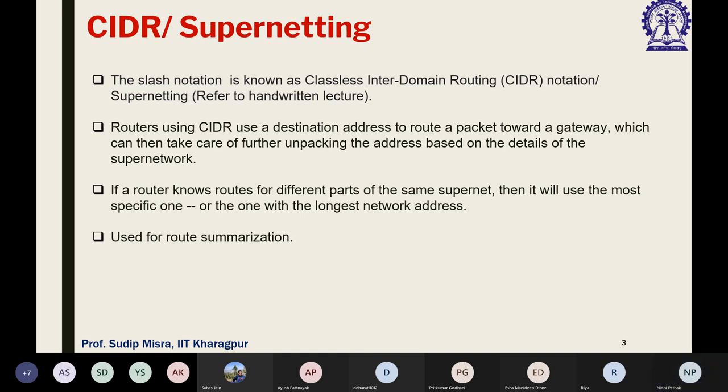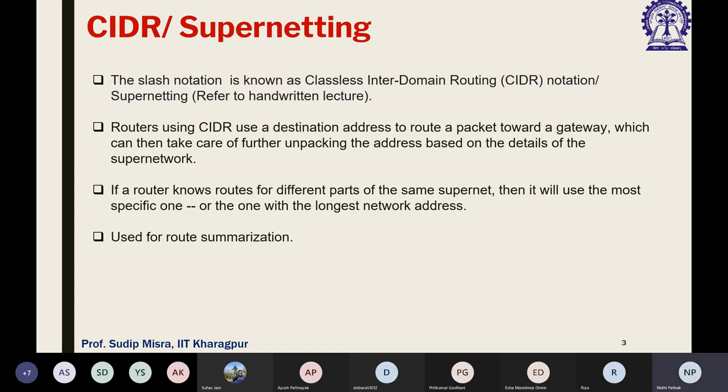The network ID should be divisible by the size of the block, which is 2 to the power n. So these are the different conditions. Actually, I wanted to show you this example by hand, but I'm not able to. But I hope that if you follow my lecture slowly, later on you would be able to understand what I mean. Still, if you have doubt, now or later, please do not hesitate to ask.